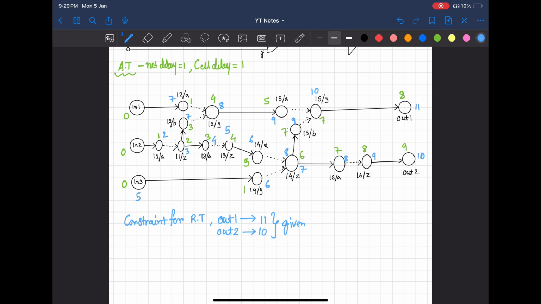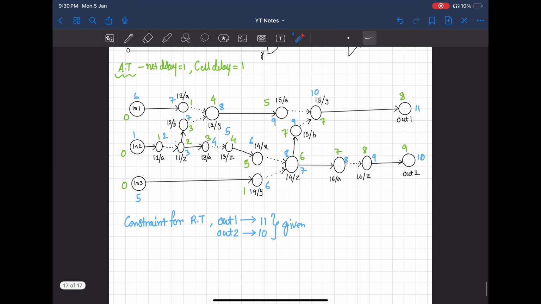So in the backward traversal, 6 is your required time. The given constraint says 11 and 10 are the required times, while you started with 0 and net delay 1 and cell delay 1 as arrival time.